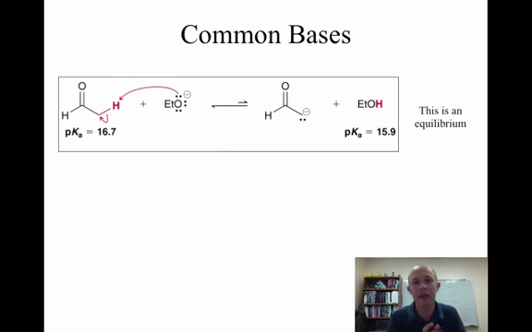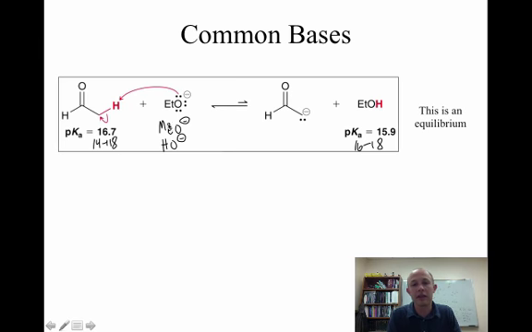Okay, so what bases can we use to make enolate ions? One type of base is hydroxide or alkoxide ions. So if you have ethoxide, or methoxide, or hydroxide, the pKa of alcohols and water is around 16 to 18, whereas the pKa of an enolate is somewhere again between around 14 to 18.